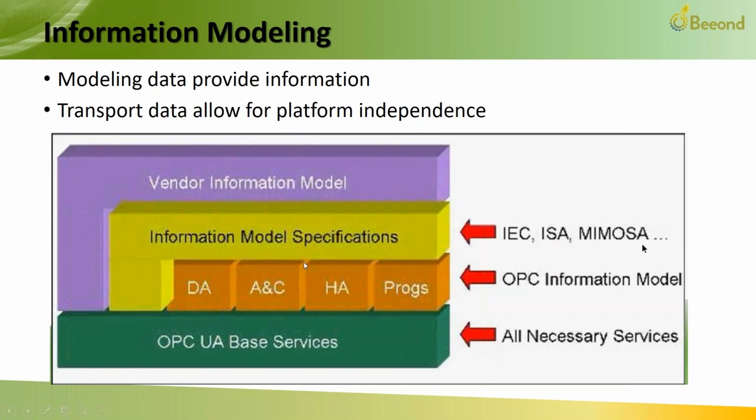The specifications are defined on top of the OPC UA base information types, and you might have a standard body like MTConnect that implements a specific information definition for their domain.